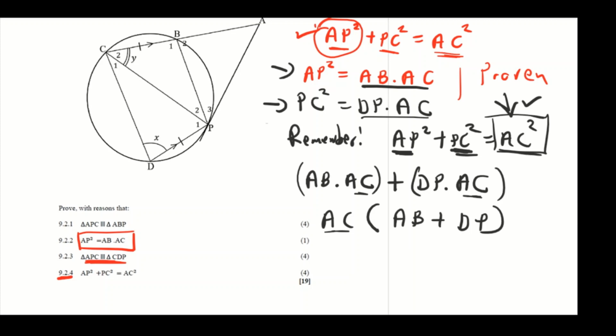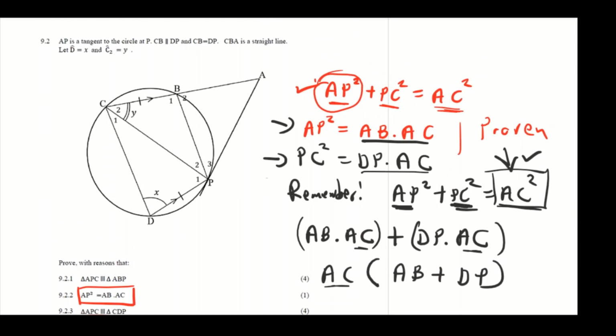If you take a look at the statement that we were given previously, we were told that CB is equal to DP. So this DP here is equal to CB. They are equal, right? Also what you need to note is this is AC.